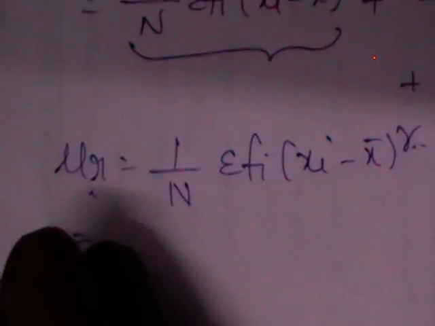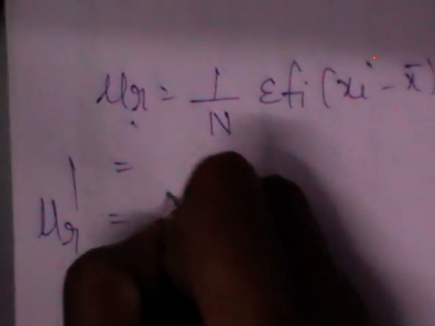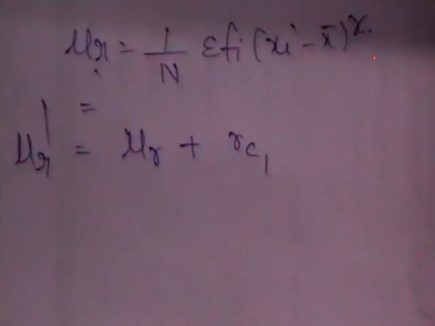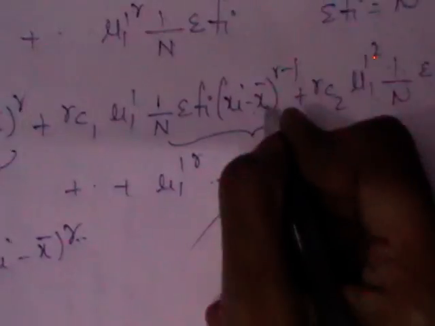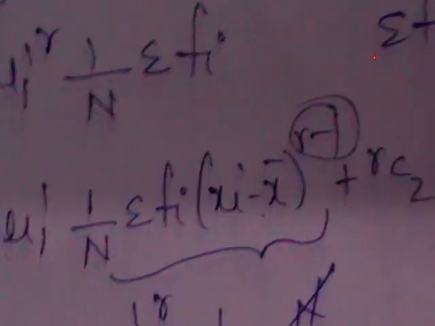Using the same logic, you will get mu r dash is equal to mu r plus rC1 mu r minus 1 into mu1 dash, plus rC2 mu r minus 2 mu1 dash square, and so on, up to mu1 dash power r. I think this is what we need to prove the non-central moments in terms of central moments.